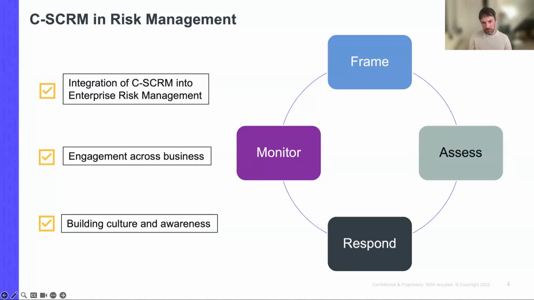Engagement across the business is obviously quite critical here as well. And again, that need to say, let's discuss how risk is being identified, is being developed, how we're engaging with our suppliers, not just from one single entity within the organization, but from all key interested parties.